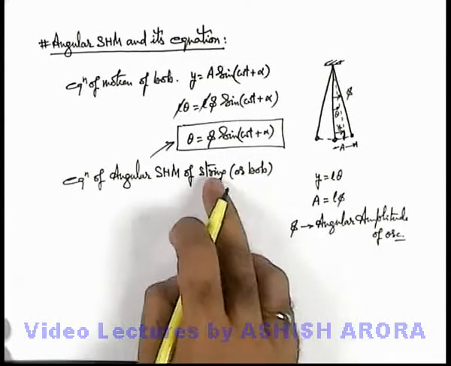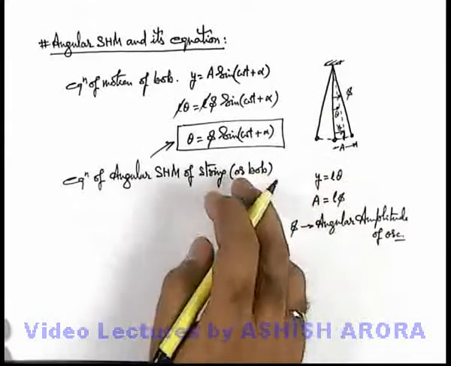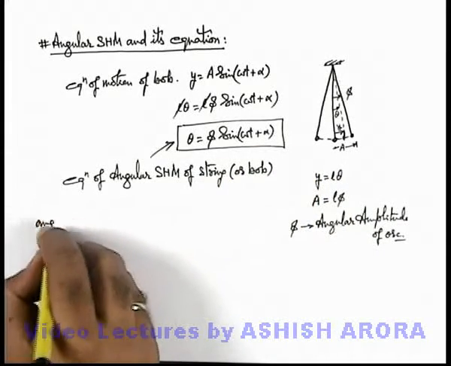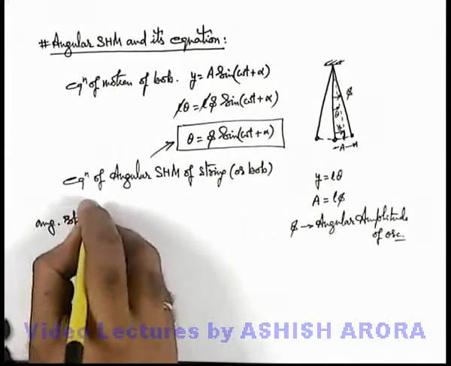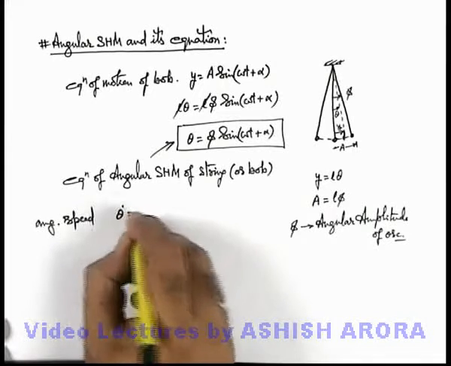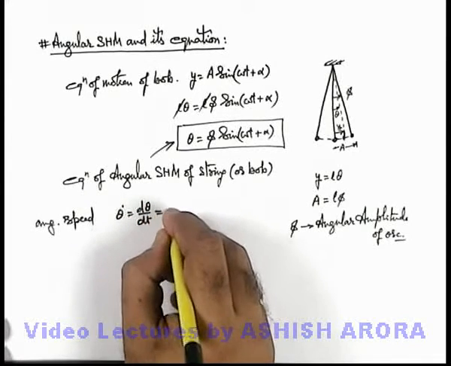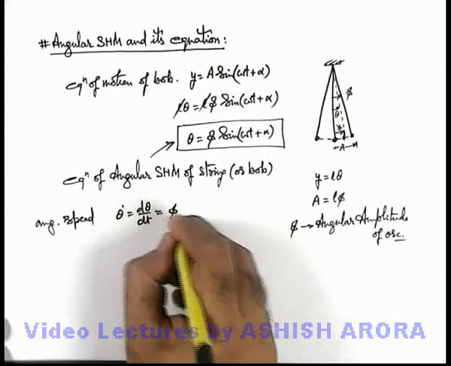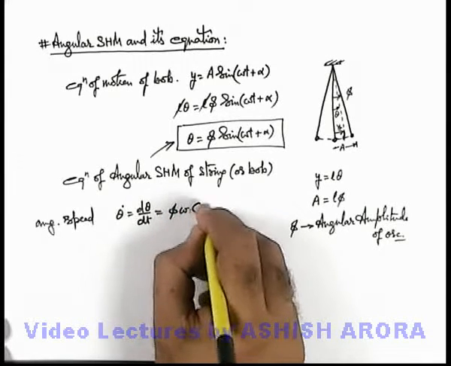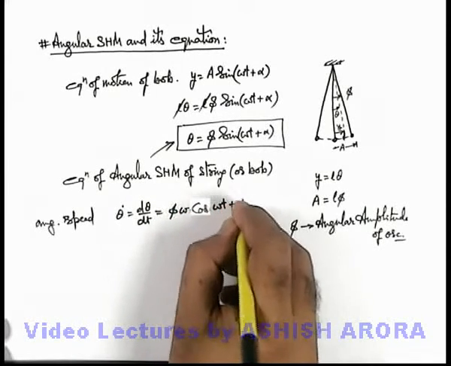And if we find out the angular speed of bob during oscillation, so you can see angular speed theta dot, which can be written as d theta by dt. It can be written as phi omega cos of omega t plus alpha.